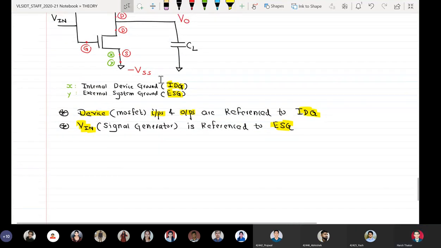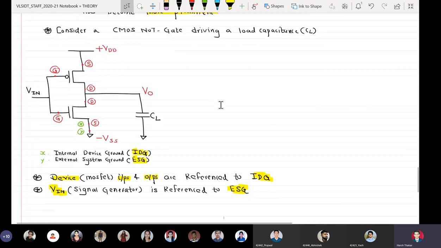Now I'm going to redraw this, but I'm going to consider a parasitic effect which is there. So see how I do it. Same circuit I'll draw, but I'm going to add something.